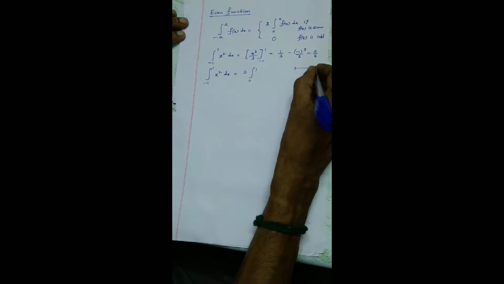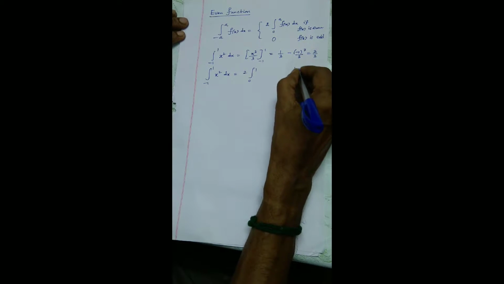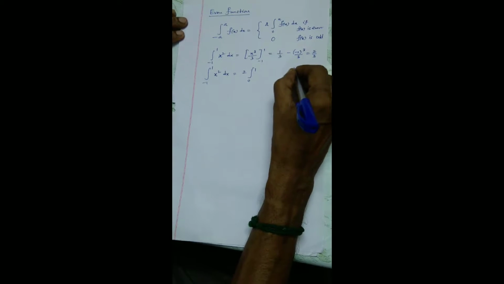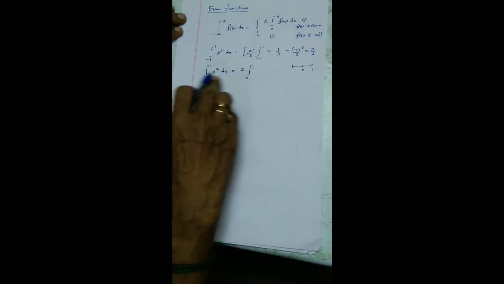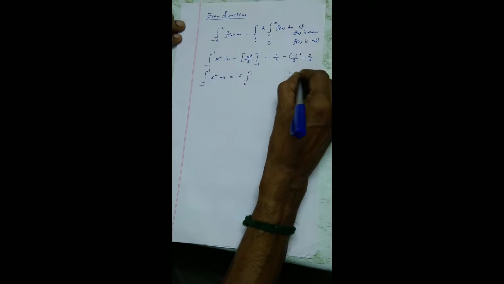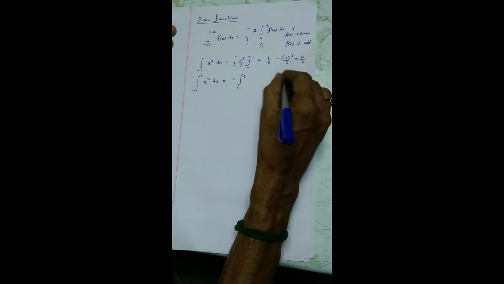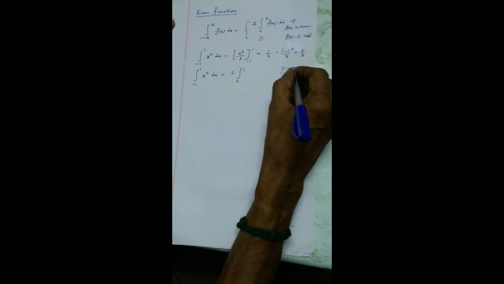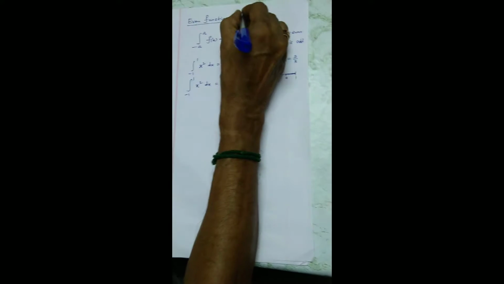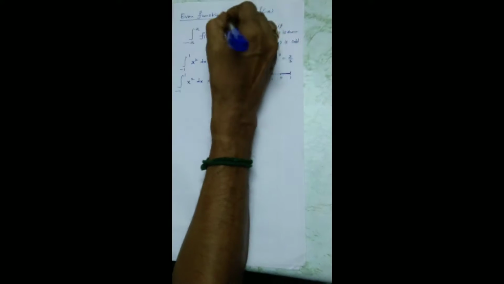So if I take the interval minus 1 to 1, midpoint 0, I am not ignoring the entire range. I am taking only the positive range. If I double the positive range, you will get the negative side. While applying the even function, you know the property of an even function: f of x equals f of minus x.